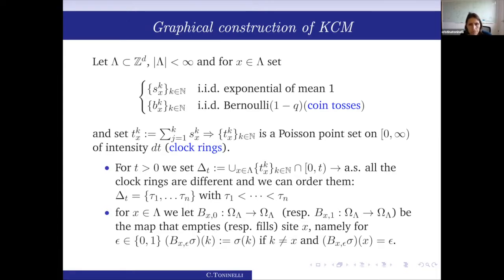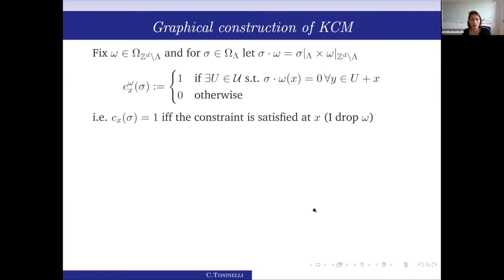Okay. So now that we are equipped with these random variables, we can proceed to the graphical construction as follows. So first of all, I need to define a function, sorry, which depends on the, since we are on finite volume, the constraint looking around each given site, I will have to define a configuration on the boundary of my volume.